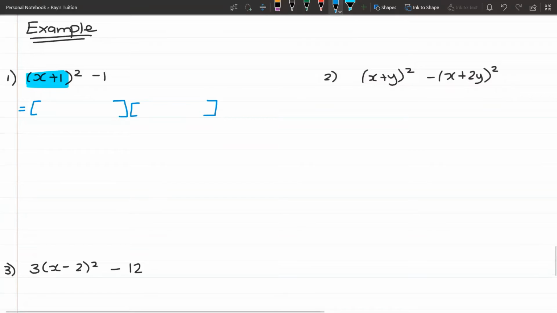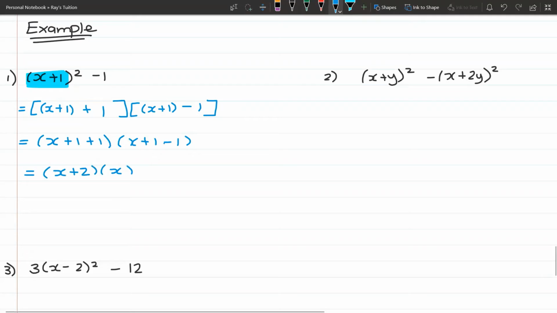And then the square root of the first one in each bracket, so x + 1, that's the square root of (x + 1)². And then the square root of the second term, which, the square root of 1 is 1. And then we put a plus and a minus. This simplifies to [x + 1 + 1] times [x + 1 − 1]. So then this becomes x + 2, and this is just x. And that is the simplified form.